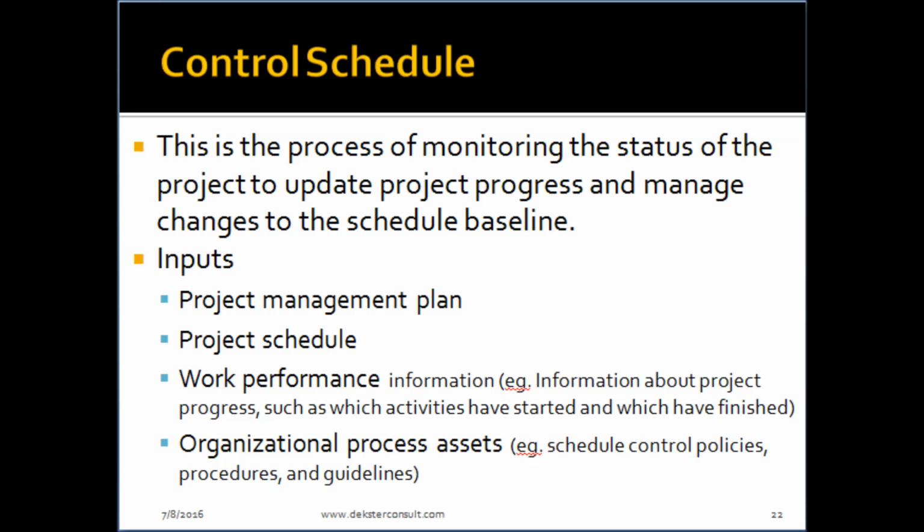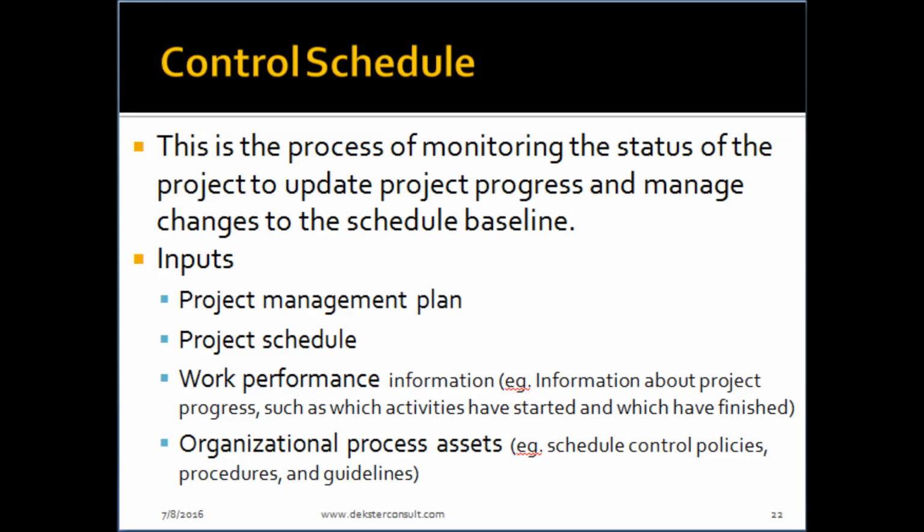Control schedule, the final process in time management, is the process of monitoring the status of the project to update the project progress and manage changes to the schedule baseline. What is the schedule baseline? The approved schedule. The inputs here will include a project management plan, which is a bigger plan that contains even the schedule baseline and then the schedule management plan.